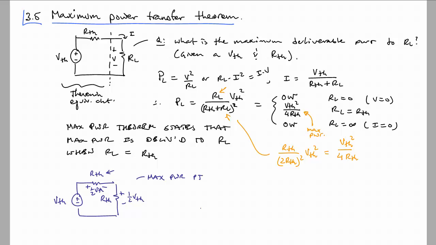R Thevenin sees its maximum power dissipation when RL is equal to 0, because under that condition V Thevenin would be completely applied across R Thevenin, and that would mean a power in R Thevenin equal to V Thevenin squared over R Thevenin.